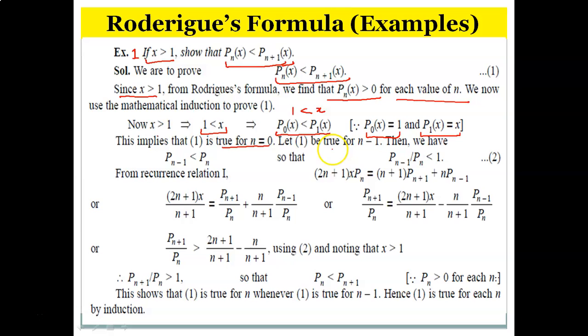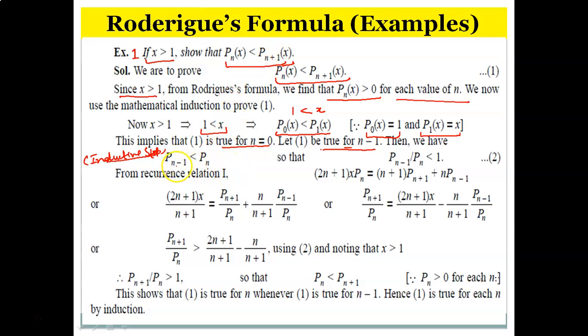Now the inductive step: we assume that the result is true for n equal to n minus 1. We want to show that it is true for n. In fact, here you are substituting n equal to n minus 1, so on the right hand side it becomes n.